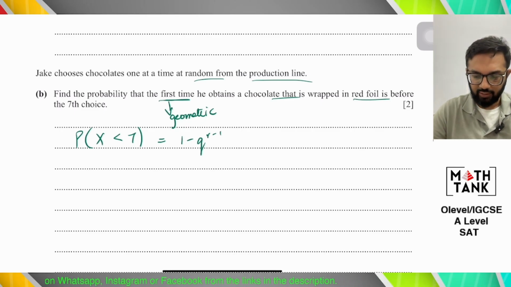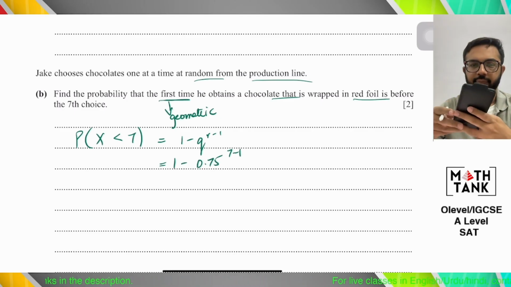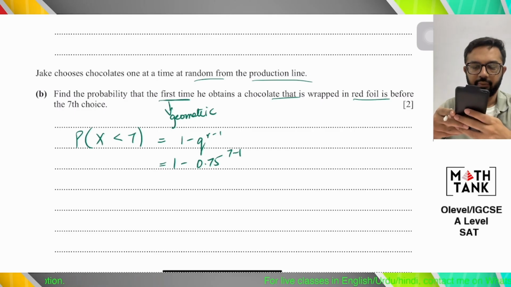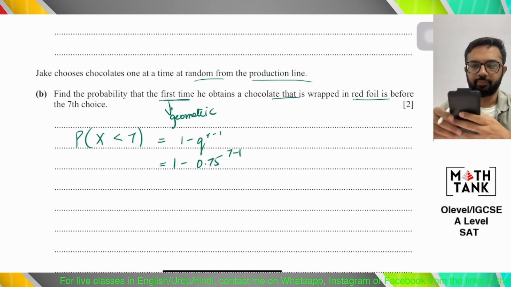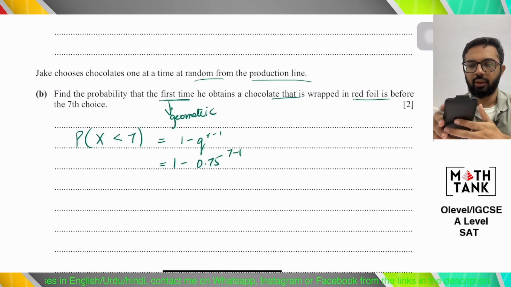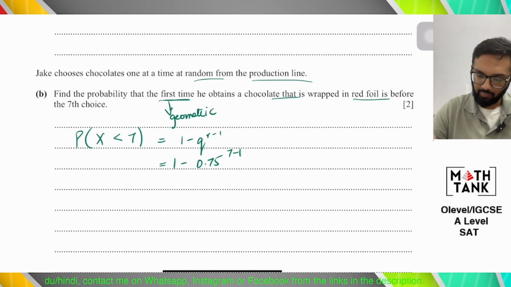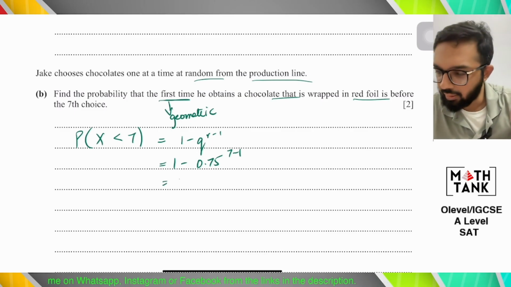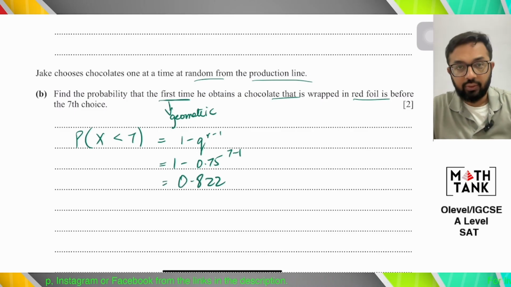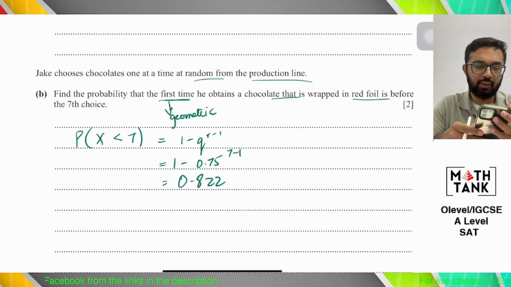The formula for that is p times q to the power r minus 1, so 0.75 to the power 7 minus 1. That gives 0.822. Let's check if that is indeed the correct answer.